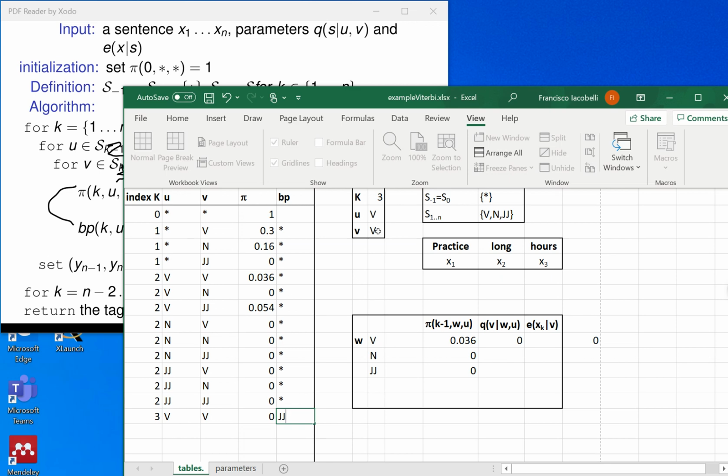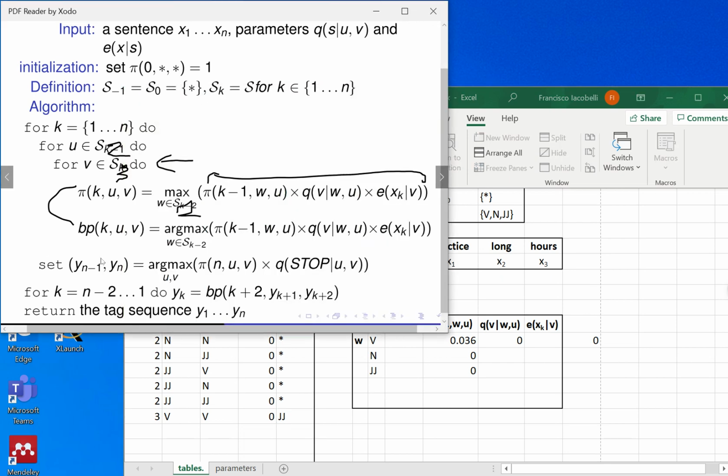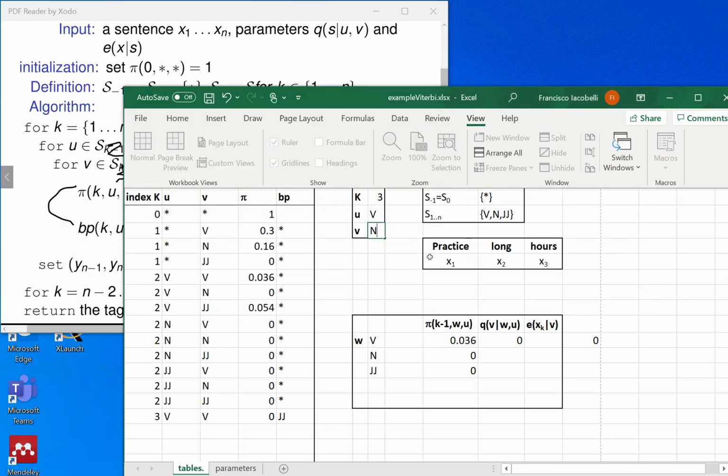So now we iterate over the next tag here, N, right? So again, we're still iterating over V here, right? So N. We're still iterating over S1. So what is pi of 2 VV?